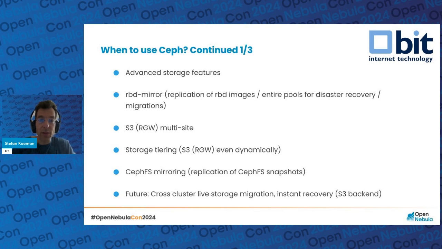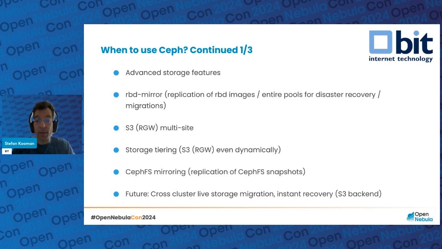It has advanced storage features like RBD mirroring, especially useful in disaster scenarios or if you want to do migrations. S3 comes with multi-site support, so you can build a resilient S3 solution as well. Storage steering is possible. You can use HDD, SSD, NVMe, or other types of storage. And when you use S3, you can even do that dynamically using policies.